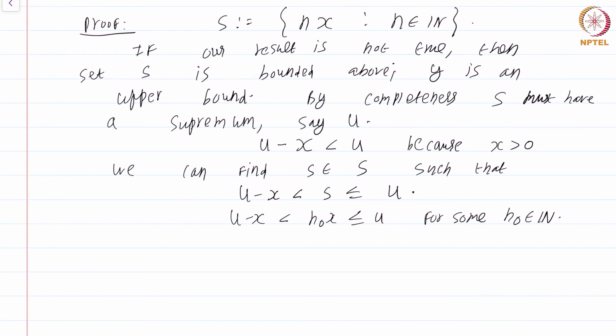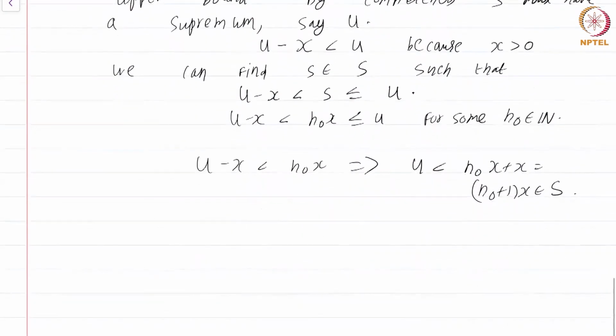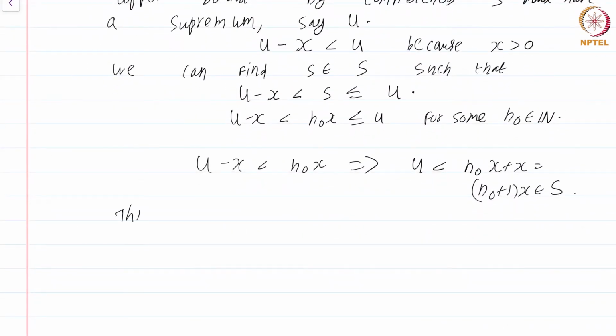Now just considering the first part, u minus x is less than n_0 x. This implies that u is less than n_0 x plus x, which is (n_0 plus 1)x, which is an element of S. This contradicts the choice of u as the supremum.